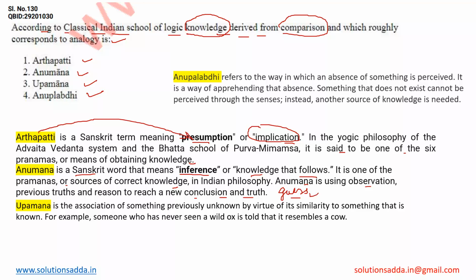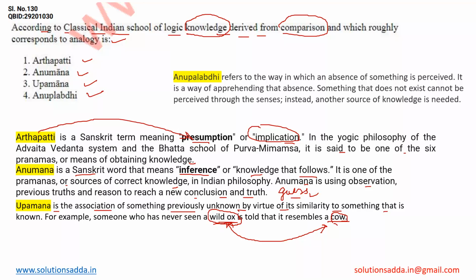Next term is Upamana, the association of something previously unknown by virtue of its similarity to something that is known. For example, someone who has never seen a wild ox is told that it resembles a cow. Here you can see we are comparing these two things.